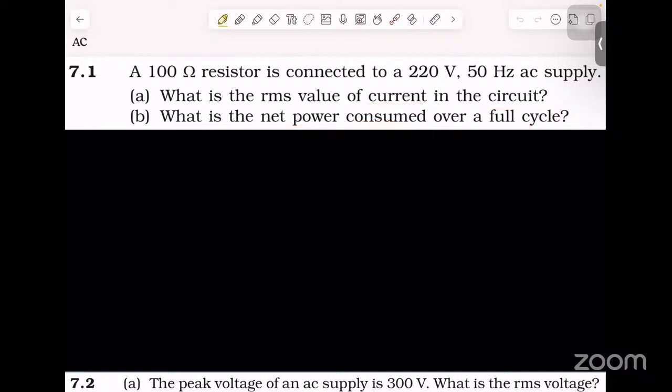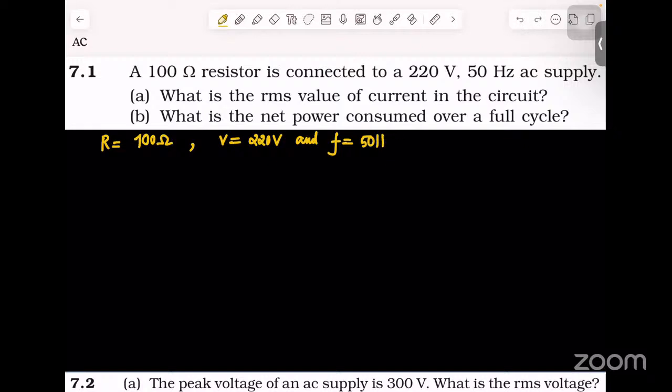So we have been given that the resistance of the circuit is 100 ohms. The source voltage is 220 volts and the source frequency is 50 hertz.